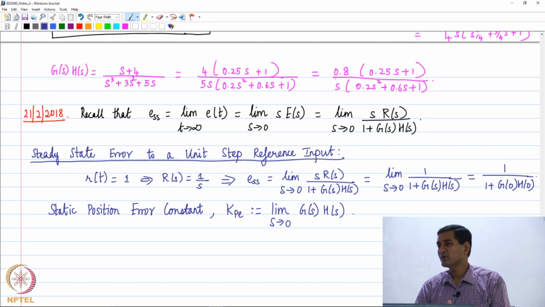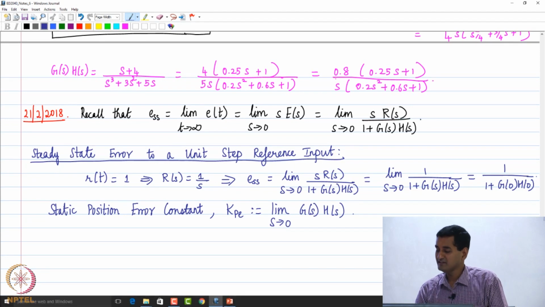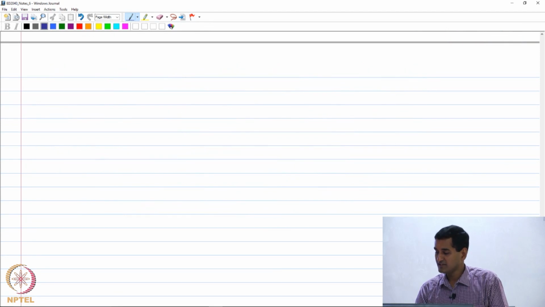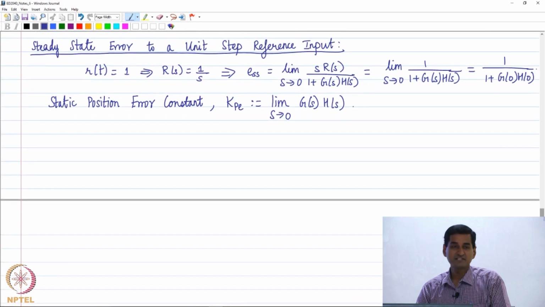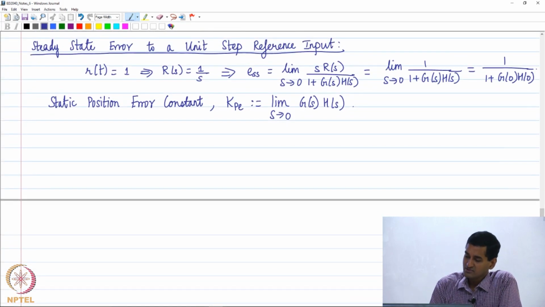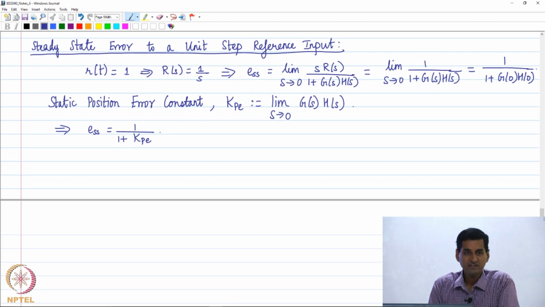As we progress, we will see why it is called a static position error constant, okay. So, right now we will just define it. So, the static position error constant is nothing but the limit s tending to 0 G of s H of s. So, this would immediately imply that the steady state error is going to be nothing but 1 divided by 1 plus KPE, right. So that is what we will get, okay, for the steady state error to a unit step reference input.